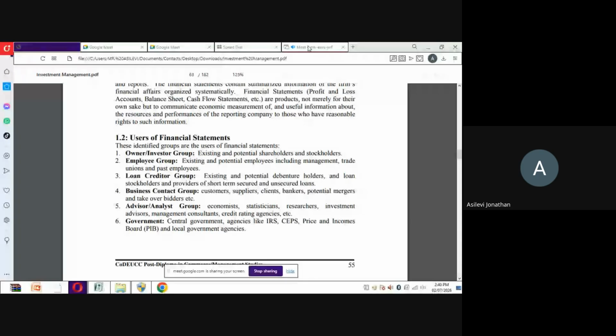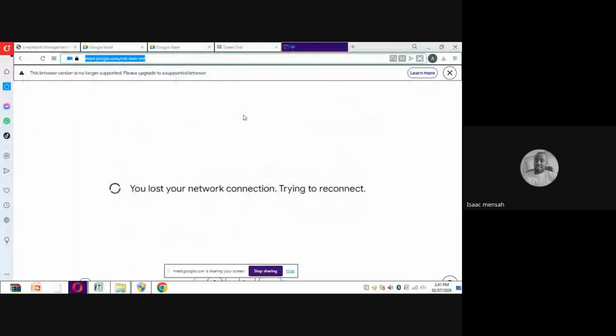Users of financial statement. These identified groups are the users of financial statement.